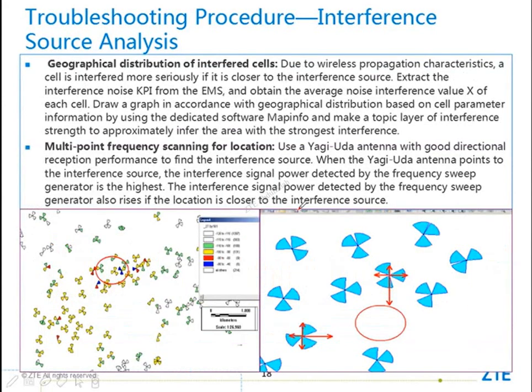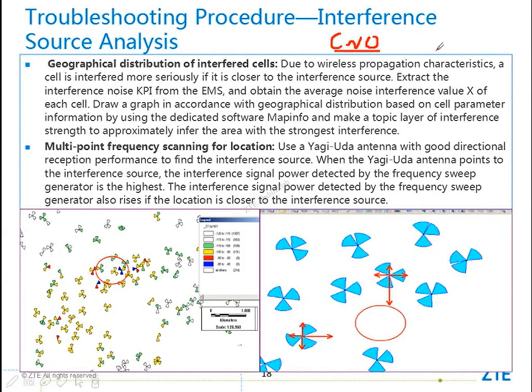After we confirm that the interference mainly comes from inter-RAT, we need to try to locate the problem and find out where the interference source is. How to do this? First, we can use some software, like GTE, we have the CNO software.